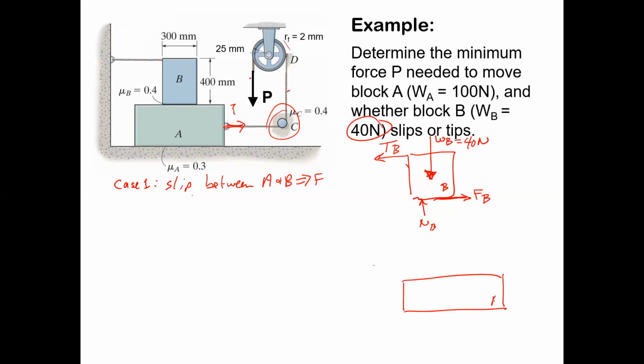Okay, box A has a tension here. We'll just call that TAC. Okay, and we're going to have the weight of the box itself applying in the middle there. We're going to have this normal force NB applying somewhere over here.